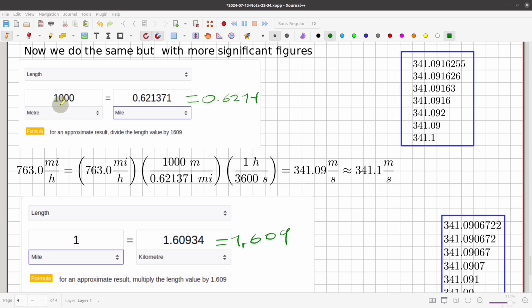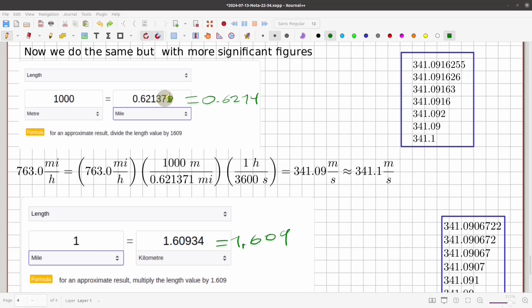We have that 1000 meters equals 0.621371 miles. First, we want to eliminate the last digit, the 1. It is less than 5. Then the 7 remains unchanged. Next, we must drop the 7.